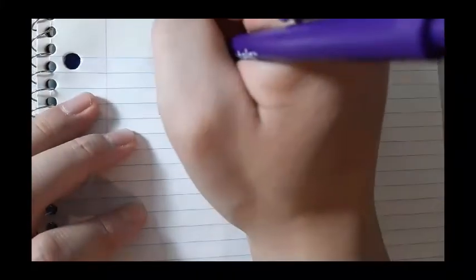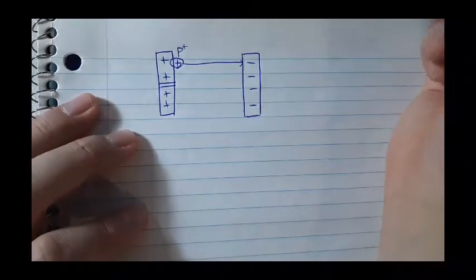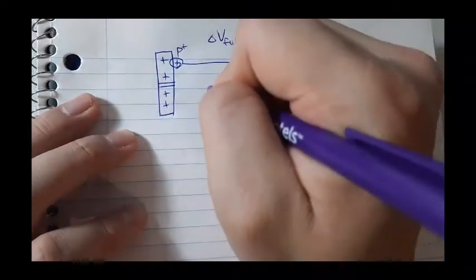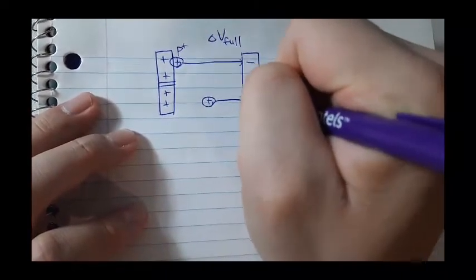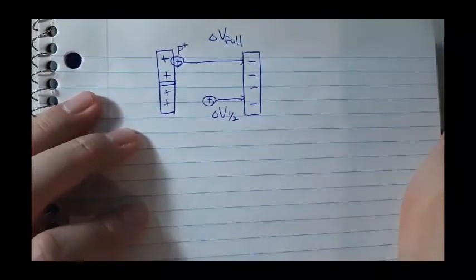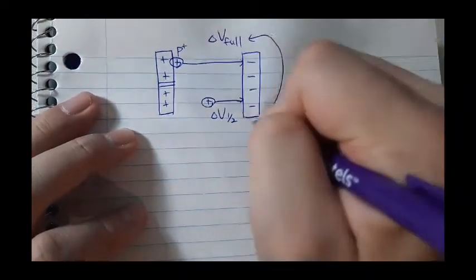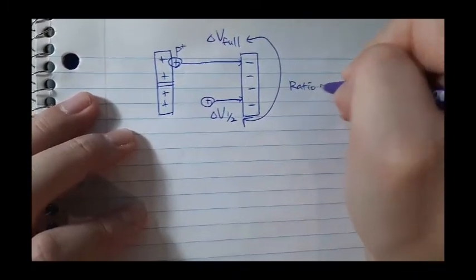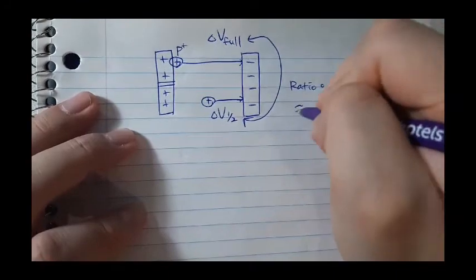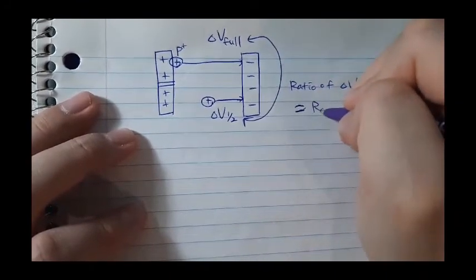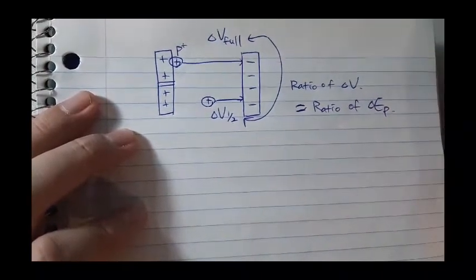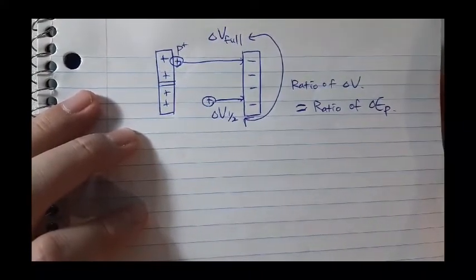If, for example, a proton travels from one end to the other, you need to use the full amount. But if it's from halfway, then it becomes half the potential. That plays a huge role because that ratio of potential difference equally applies to the ratio of electric potential energy. So it is very straightforward.